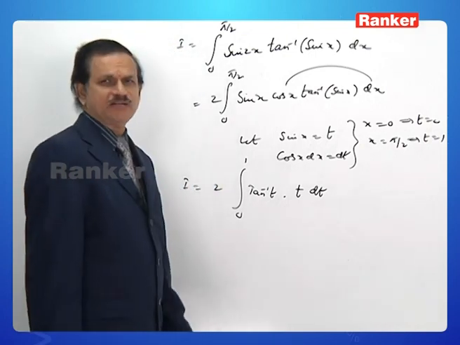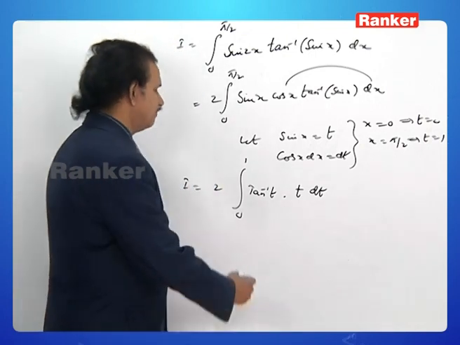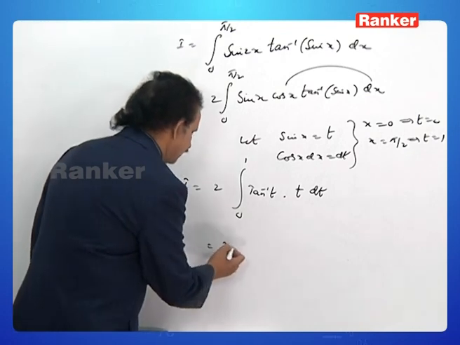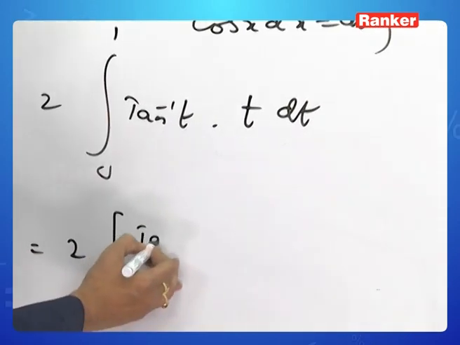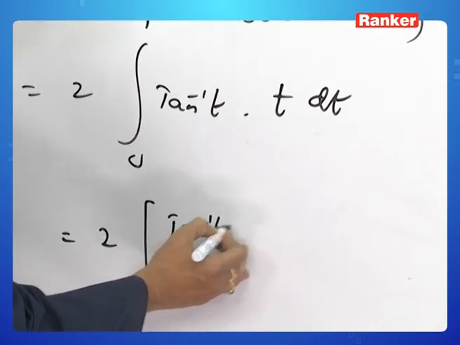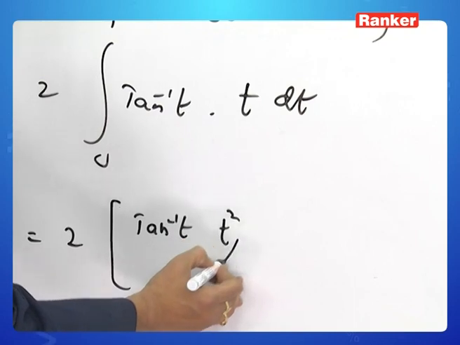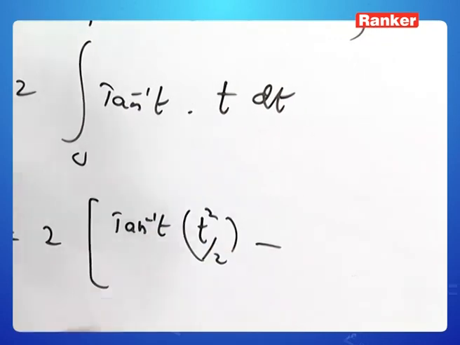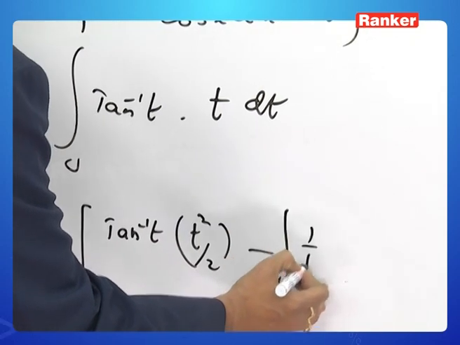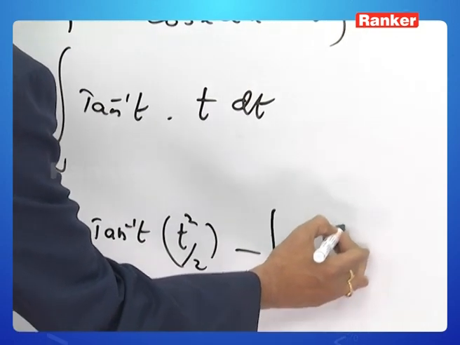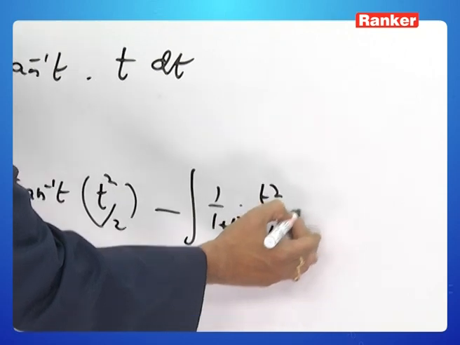Let us directly use integration by parts, so that it is 2 into tan inverse t into integral of this, t square by 2, minus integral of 1 by 1 plus t square into t square by 2 dt.